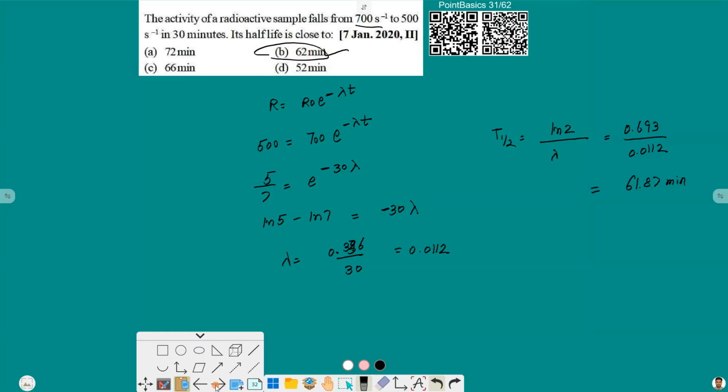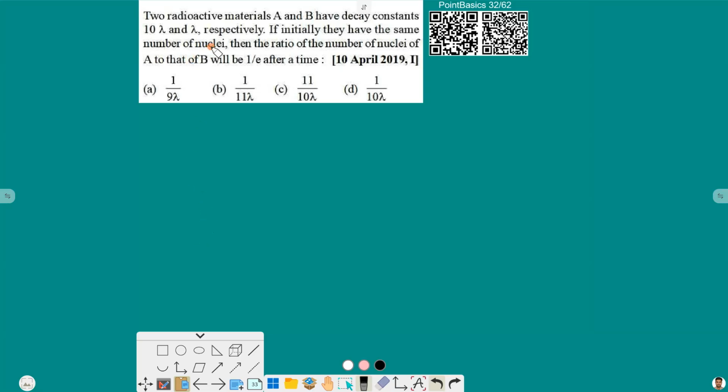Now let us move to the next one. Two radioactive materials A and B have decay constants 10 lambda and lambda respectively. If initially they have the same number of nuclei, then the ratio of number of nuclei of A to B after time 1 by lambda will be equal to?